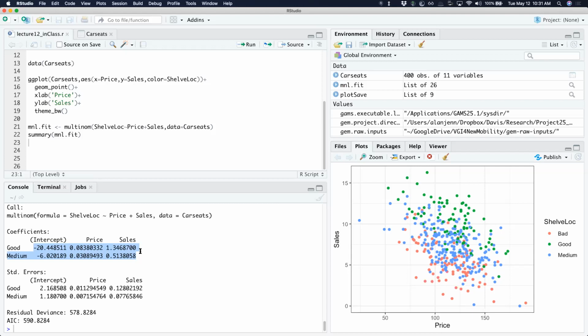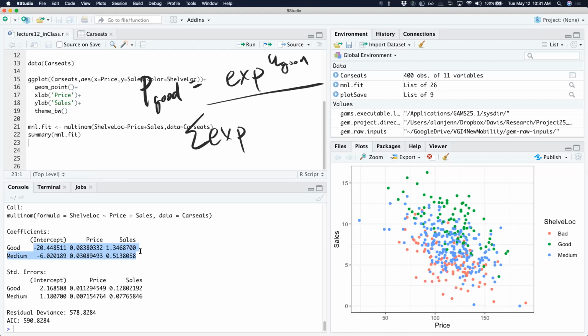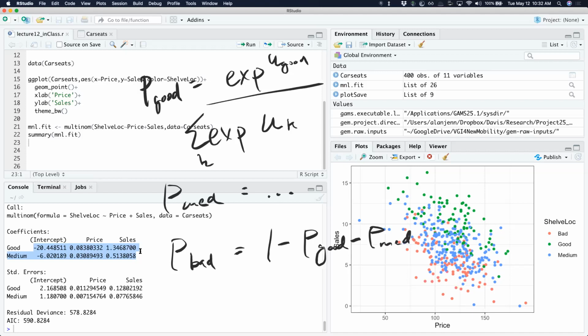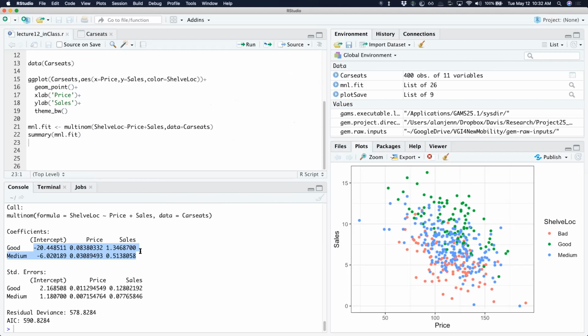So if I know probability of good is equal to exp, like this, I can back out the probability, and I also know probability of medium equals ... Then I can back out probability of bad by 1 minus probability of good minus probability of medium. Okay, so hopefully that's clear.